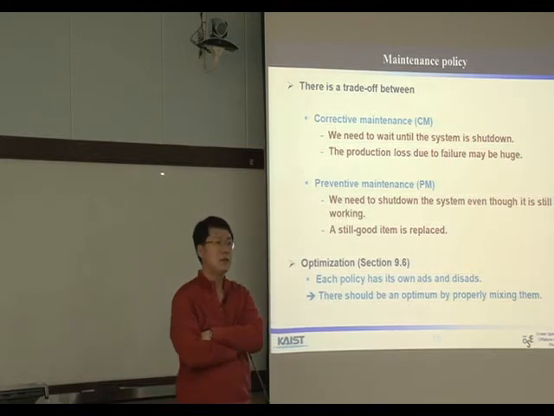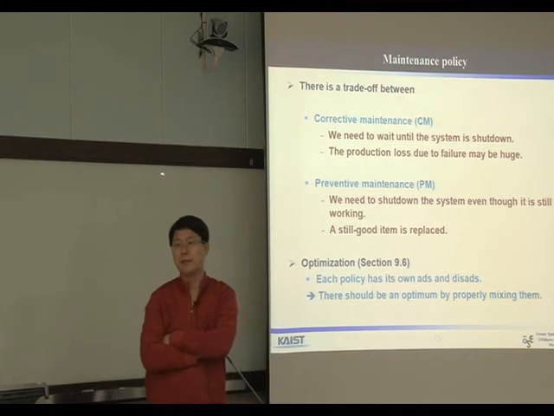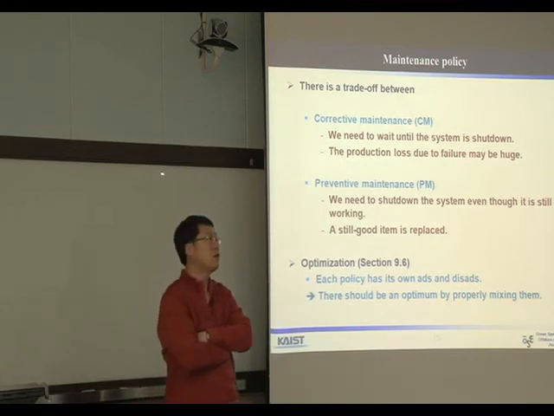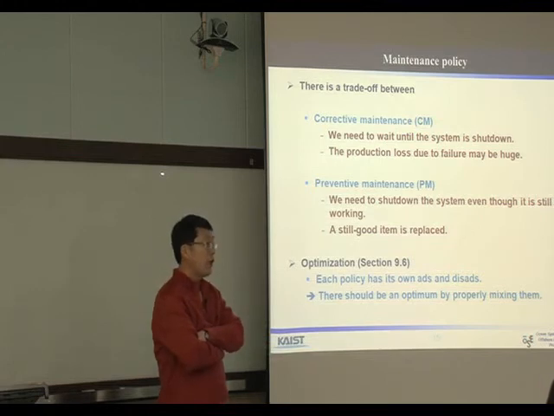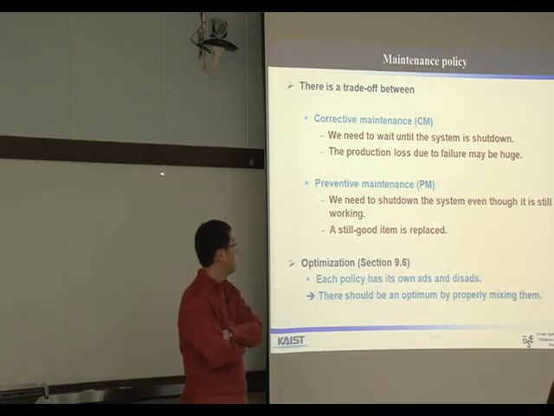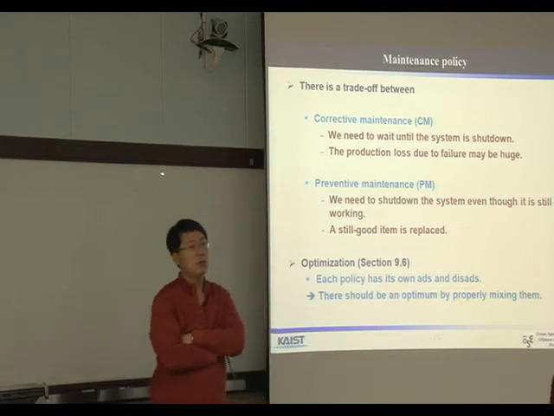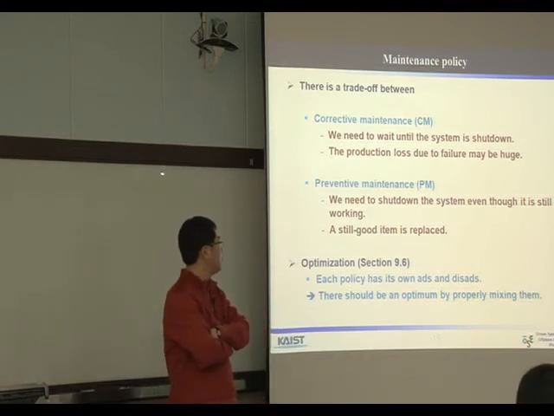So it's a kind of wasting of money and resources. So there should be some kind of optimization. So please read section 9.6. Each policy has its own pros and cons. So there should be an optimum by properly mixing them.